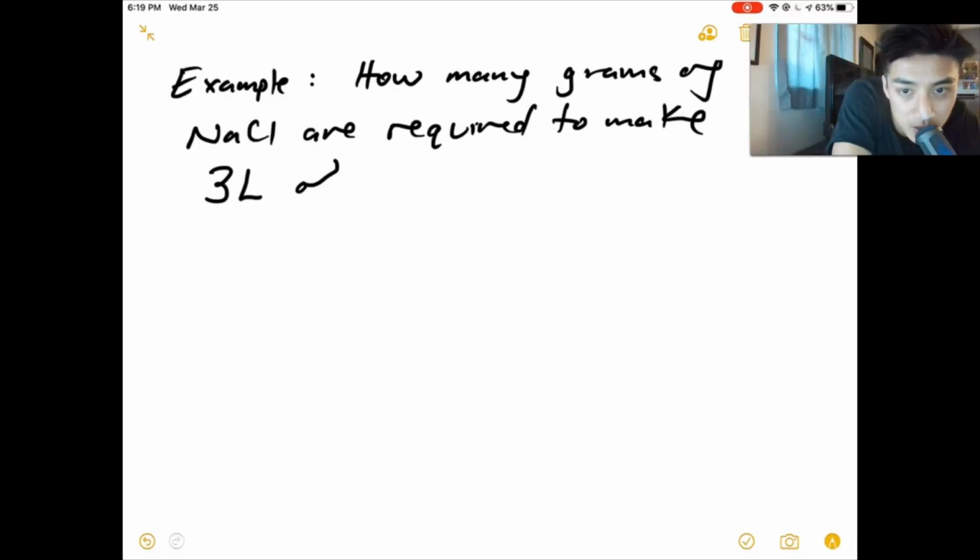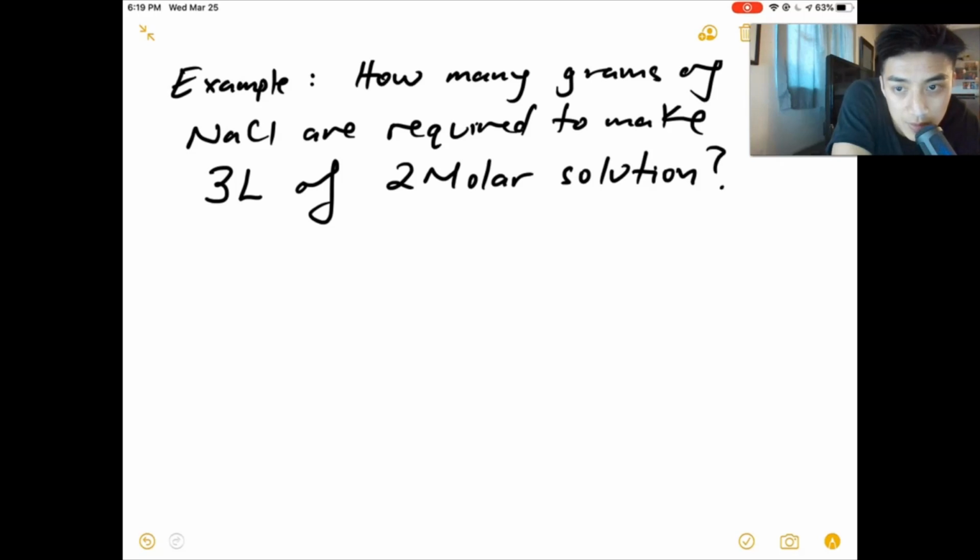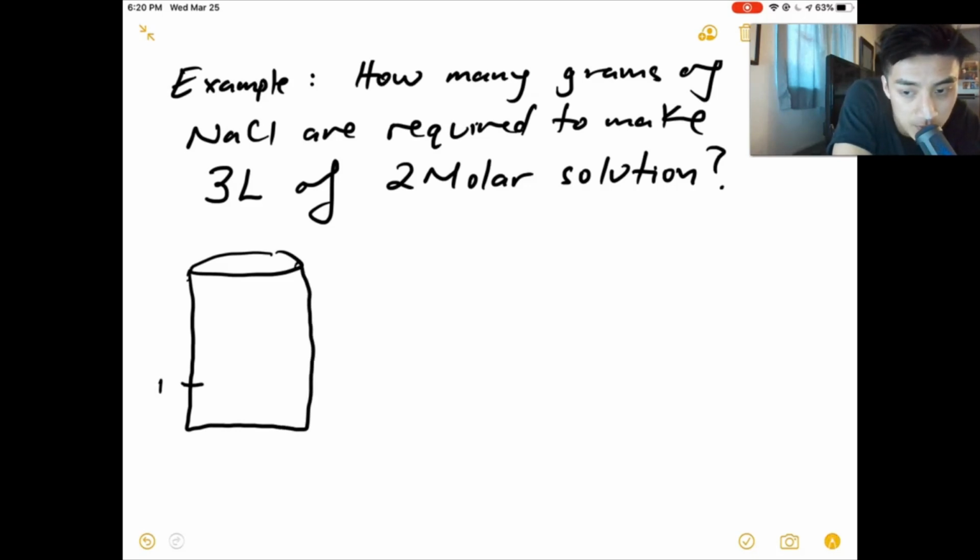How many grams of salt are required to make 3 liters of a 2 molar solution? Okay, so again, I'm going to set up the triangle, but before I do that, let's look at it graphically. I'm going to draw a little picture here.